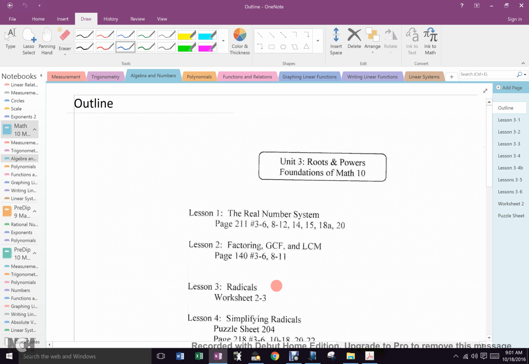I don't know if I have it printed. Yes. Okay, that is all calculator work. Okay? Now, I want to remind you of a couple of things.